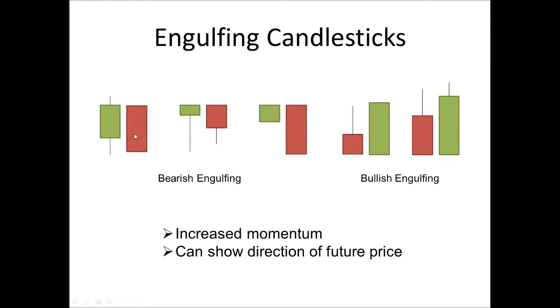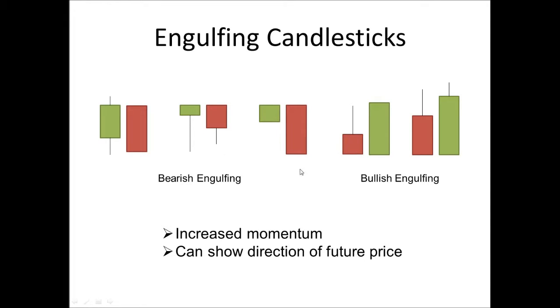The bears obviously had the upper hand during the duration of this candle, in the sense it closed bearish, but the size of this engulfing candle outweighed the power of the bulls in the previous candle, so strong bearish power coming into the market. If we take this example, the bulls or the buyers had the upper hand during the duration of the engulfing candle, but also that strength or buying power was far greater than the selling power previous.